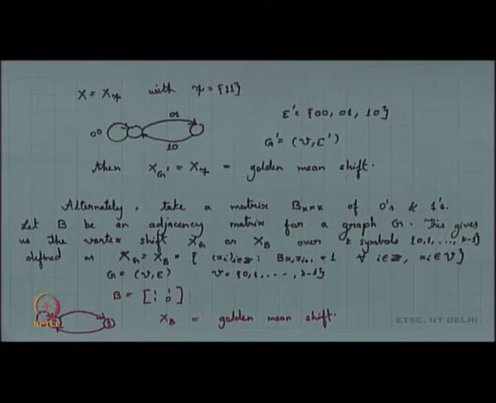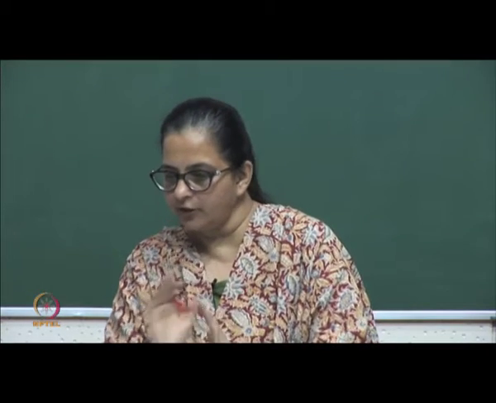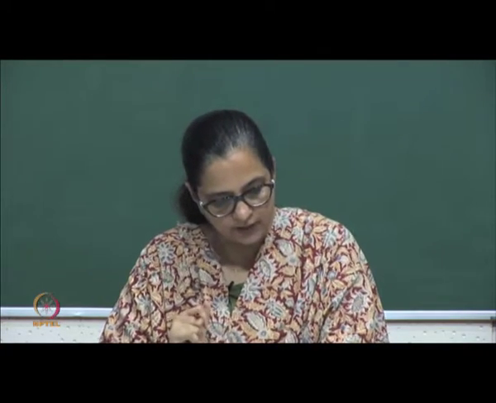So, you can represent a subshift of finite type as a vertex shift, or you can represent a subshift of finite type as an edge shift. You have both cases here.